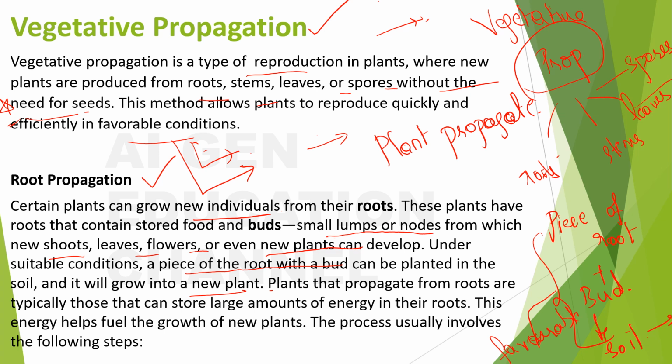Plants that propagate from roots are typically those that can store large amounts of energy in their roots. So not all the plants that have roots can use their roots for propagation or reproduction of another plant. Only those plants where a large amount of energy is stored in their roots can use their roots to get the new plants, right?